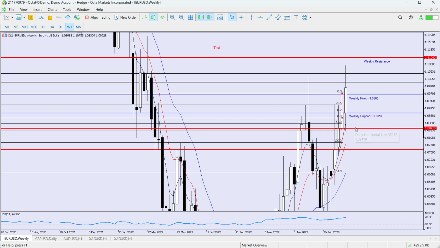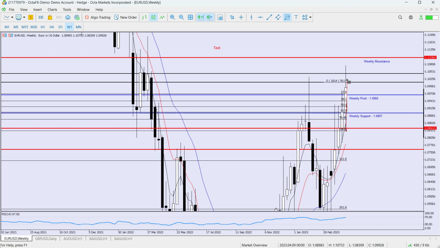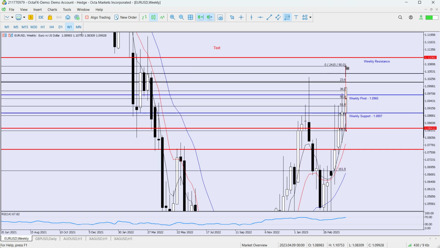This is the monthly support, strong monthly support, and this is the monthly pivot. So from here, in the same way, we can now try to analyze the current week. This will be last week, for the coming week.